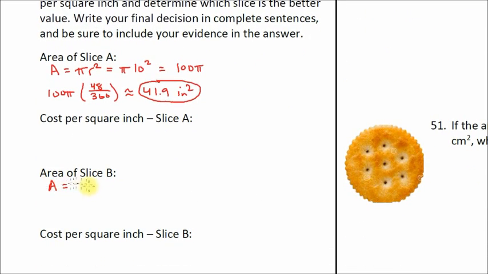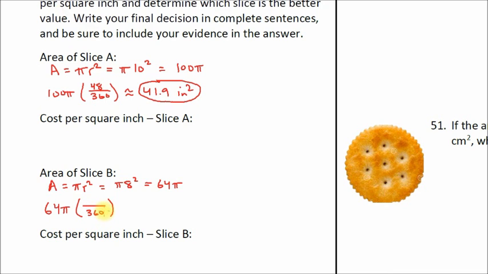Slice B, the area of the whole pizza is pi r squared. The radius of slice B is 8 inches. This is pi times 8 squared. 8 squared is 64. So the whole pizza is 64 pi inches squared. We'll take the area of the whole pizza and multiply it by the fraction that we want.